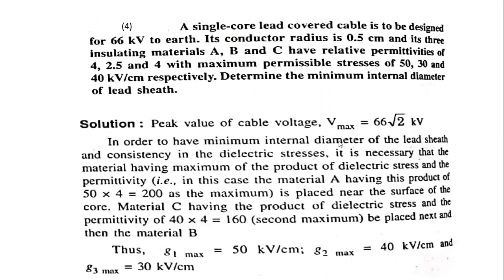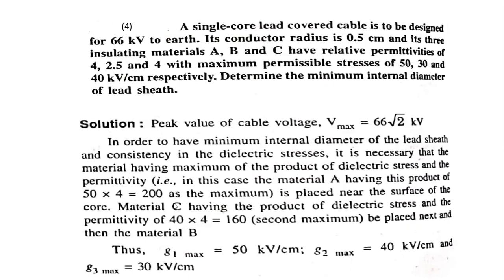In order to minimize the internal diameter of the lead sheath, in case of material A we calculate the maximum permissible voltage, that is 50 into 4, then we obtain 200 as the maximum.